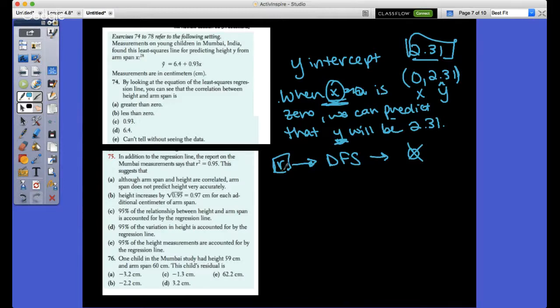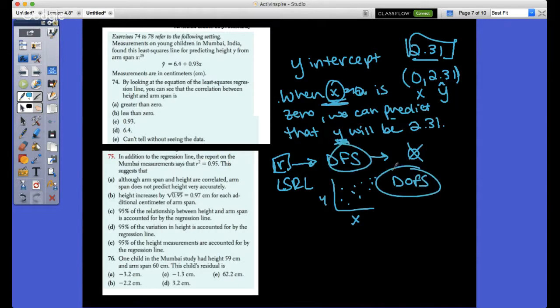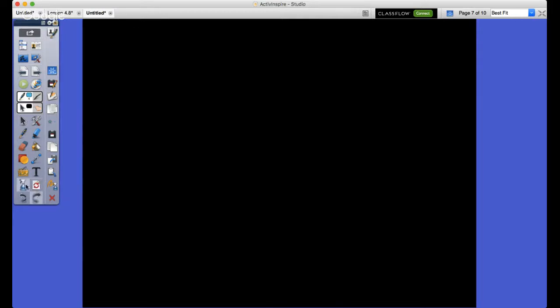If it's negative, it's obviously negative. If I look at a least squares regression line with X and Y and dots, then this would be DOFS, so we would take DOFS here.